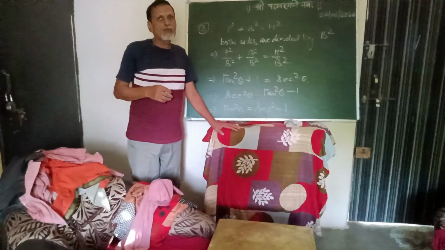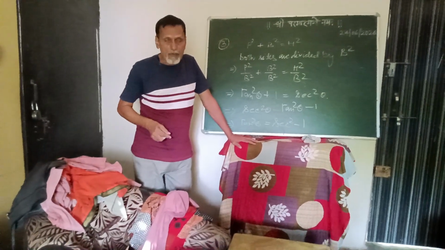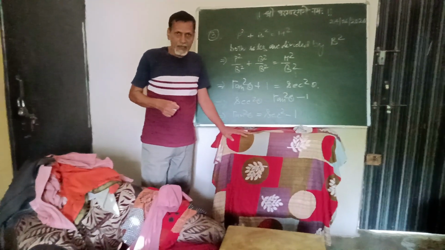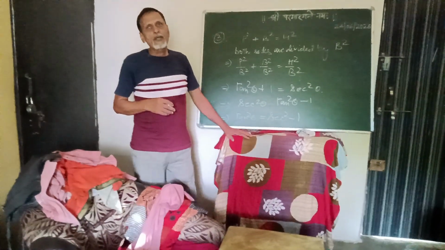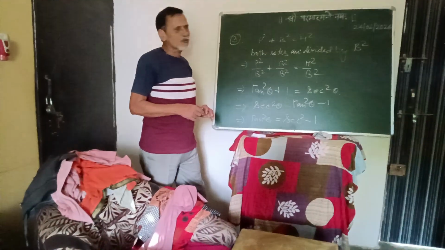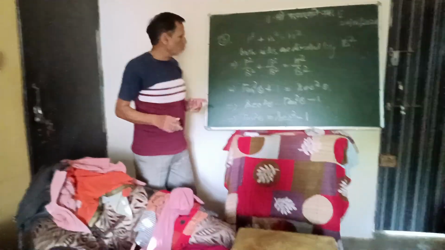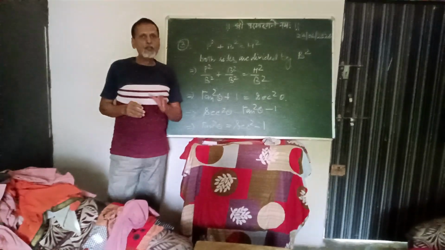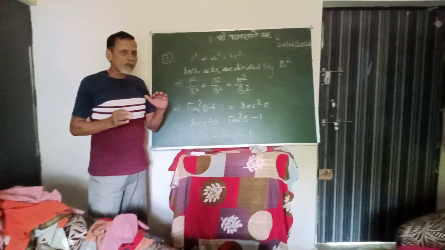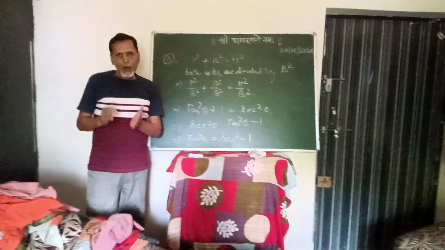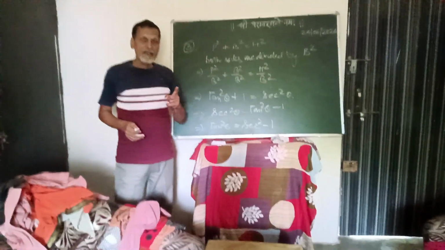Next session I'll take the topic height and distance, and after completion of the rules and regulations which are applicable, we shall start doing some hard sums. Easy sums you are advised to do on your own, but before starting, you should read the questions minimum 2 times, and then think about what they are and how you will solve them. Try to have the solution in your mind, then start.